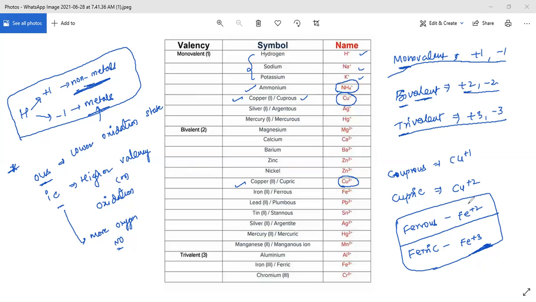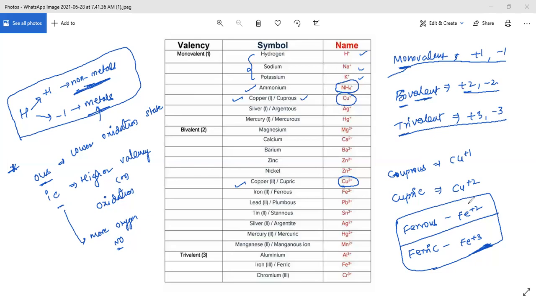Metals will always show plus charges only, because they are electropositive in nature and will donate electrons. So if you take any metal, it will show plus charge only. Only non-metals will show minus charge.